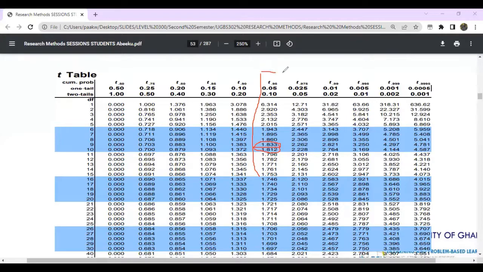So this one is a two-tailed test. So we are going for what? 0.1. So that's the p-value. You get it? That will be the p-value.